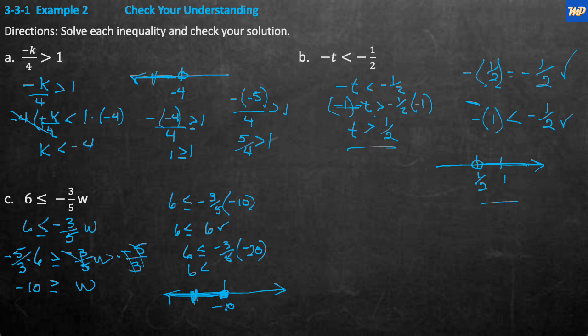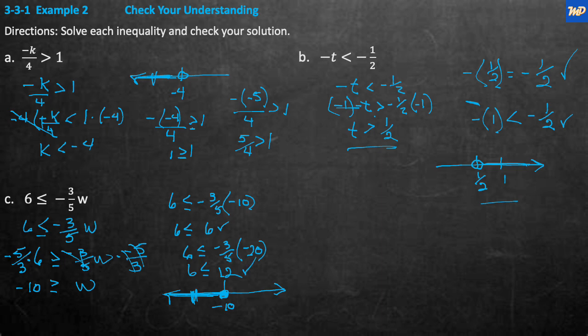Is 6 less than or equal to 60 divided by 5? And 60 divided by 5 is, excuse me, I had to sneeze there. Anyways, it's 12 is the answer. So is 6 less than or equal to 12? And the answer is yes, it is less than 12, so that satisfies also our solution right there.